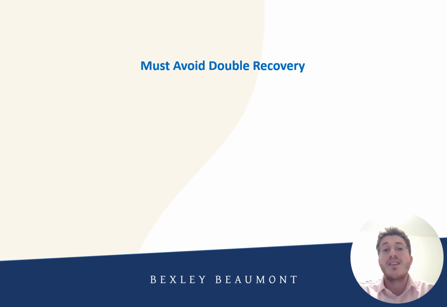You cannot do both. That is double recovery, and the courts do not permit this. So you would need to make a decision as to which one you're going to do. Are you going to abate, or are you going to set off? Whichever one probably results in the better figure to you is the one that you should be adopting.